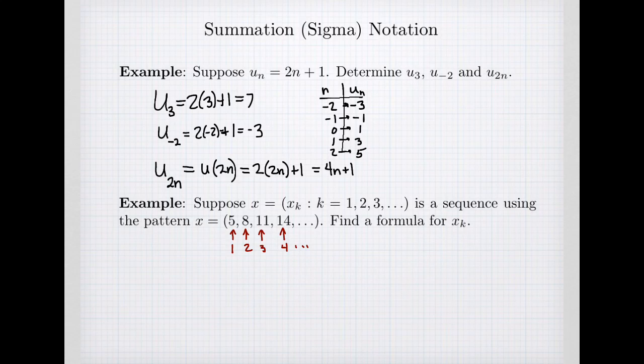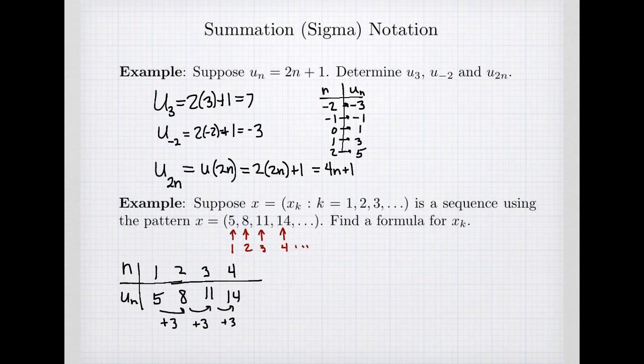So let's create a function here. n, u sub n. 1 goes to 5, 2 goes to 8, 3 goes to 11, 4 goes to 14. If you look at the sequence, you can see I'm just adding 3 some repeated number of times. And because I'm adding the same number, this behaves like a line with slope 3.